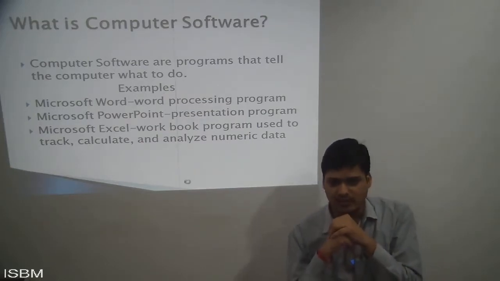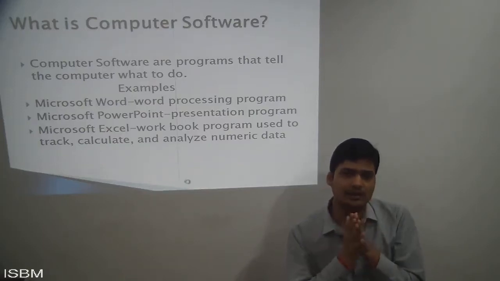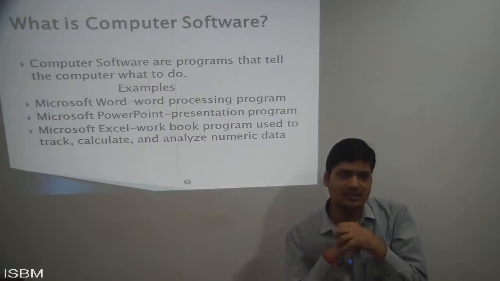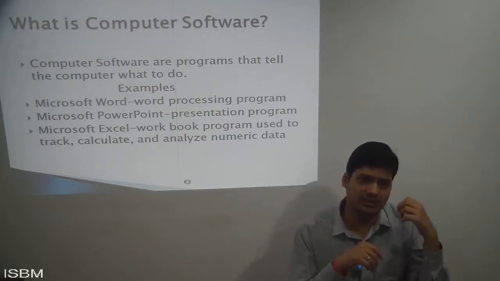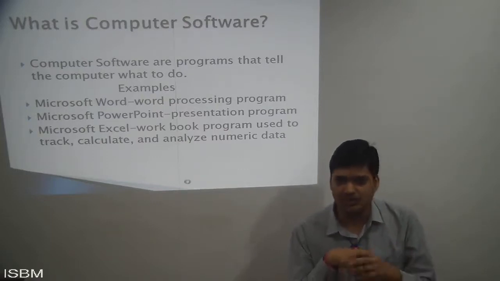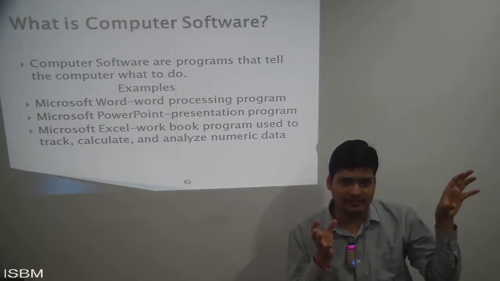So what happens? A person sitting in Mumbai, like an MD or CEO, doesn't know what's going on in different places of Tata Steel. How much production is going on in the Jamshedpur factory, how much in the different factories, you don't know. And it is too difficult to get the data.